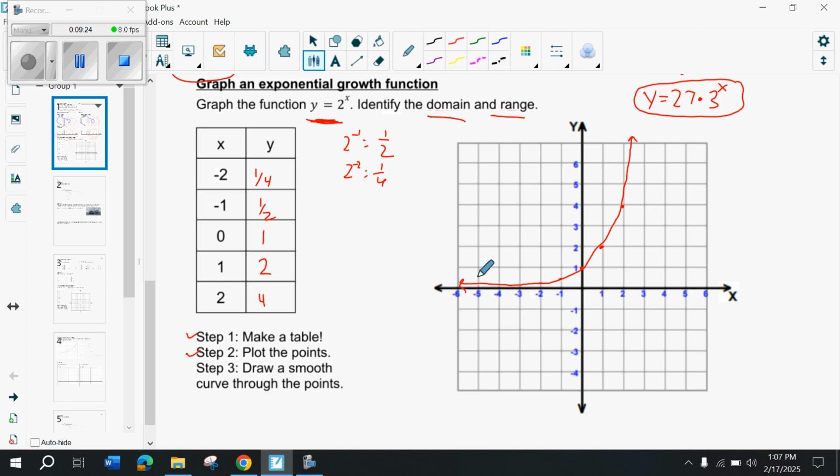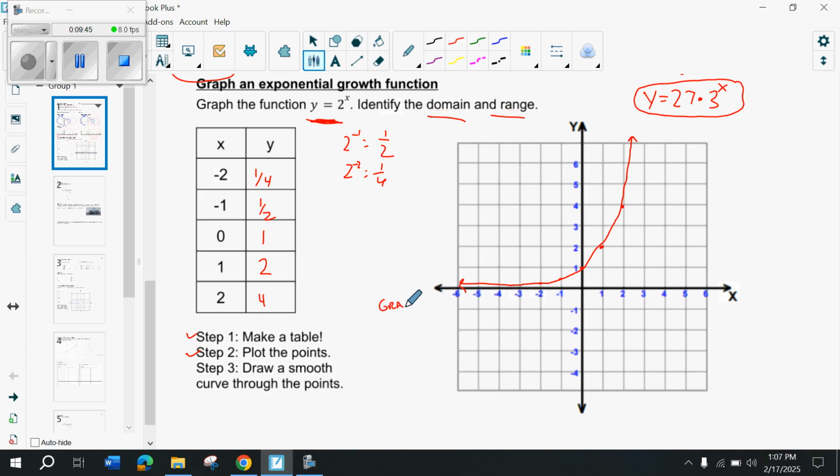And what do you think? Will the graph ever cross the x-axis? Think about it. As my x values get smaller and smaller, bigger negative numbers, will I ever end up with y being a negative number? No, I won't. So it will never cross the x-axis.